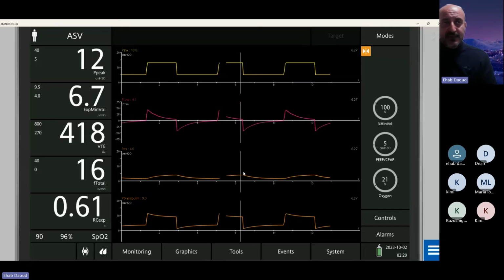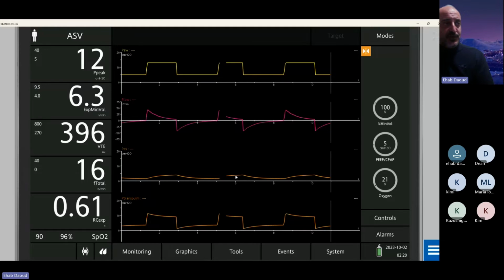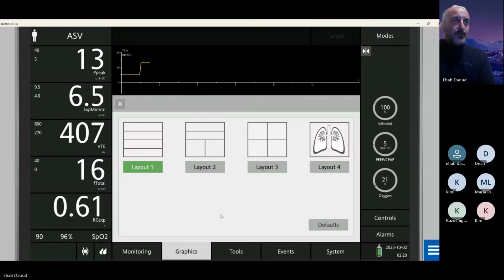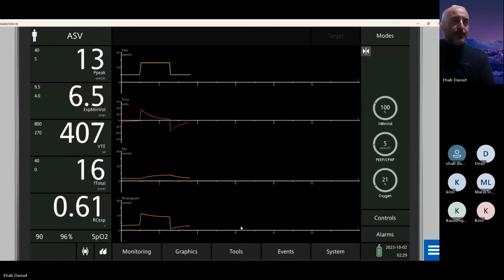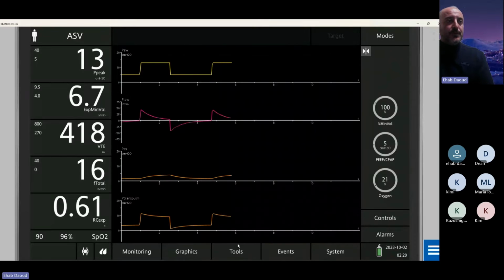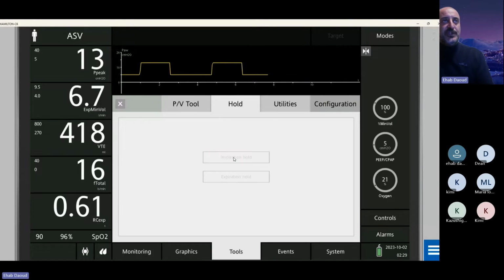So it will be the end inspiratory transpulmonary pressure. Imagine, and I can actually set it to do an inspiratory pause here. Okay, so let's do an inspiratory pause.